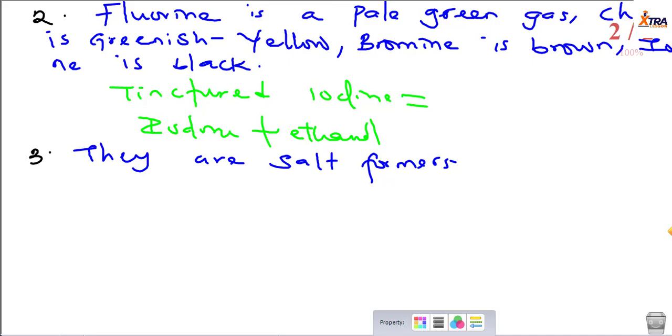For example, potassium fluoride: potassium is a metal, fluorine is a group 7 element, then this is a salt. Sodium chloride: sodium is a metal, chlorine is a group 7 element, then this is a salt. Calcium bromide: calcium is a metal, bromine is a group 7 element, then this is a salt.